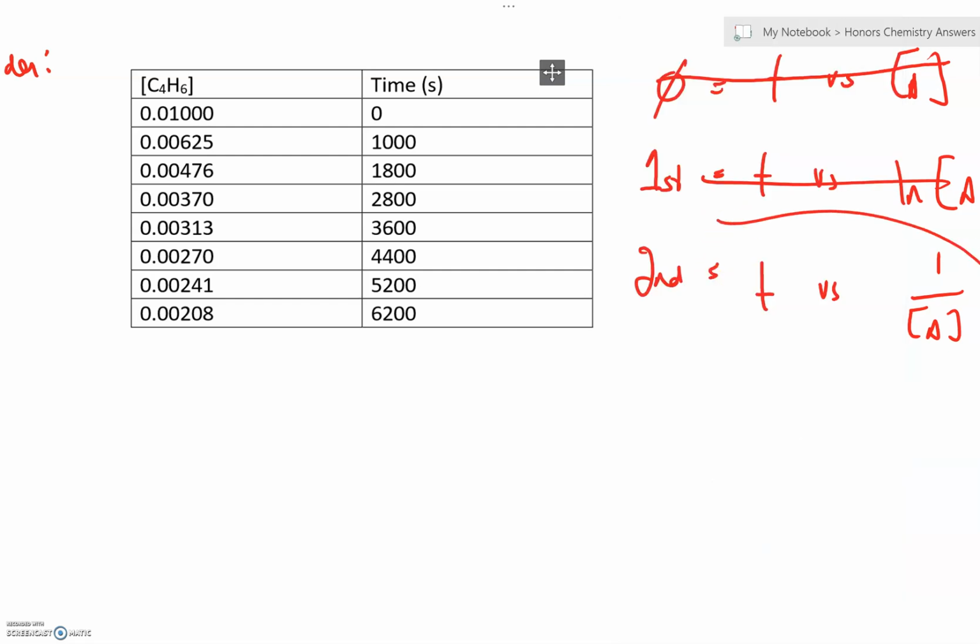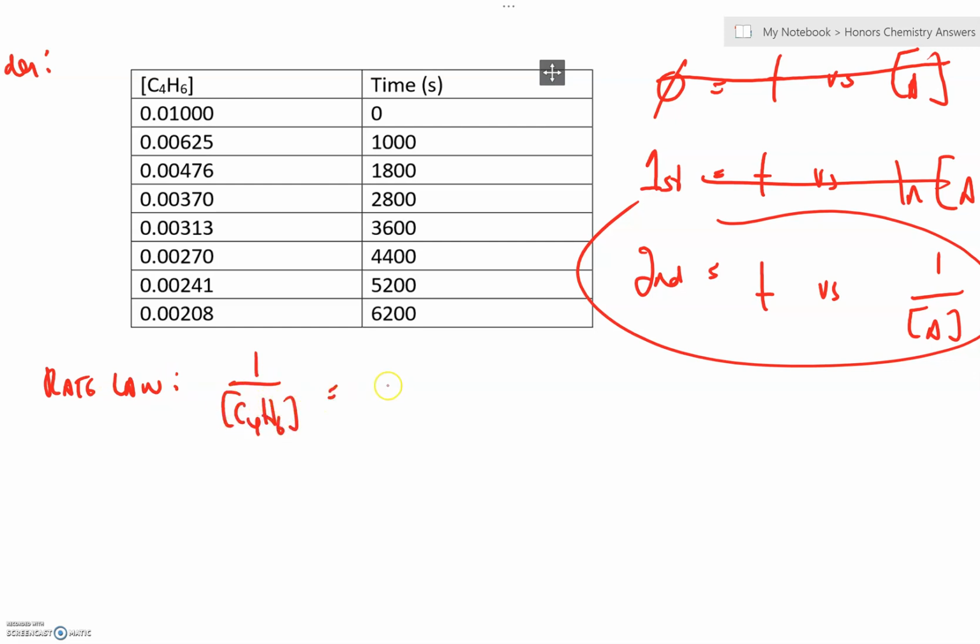It is clearly a second order reaction, and that means that the integrated rate law looks like this: 1 over the concentration of C4H6 is equal to kt plus the inverse of the initial concentration of C4H6, which of course is 0.01 right here.